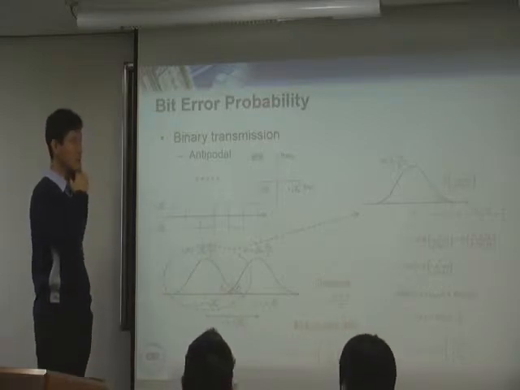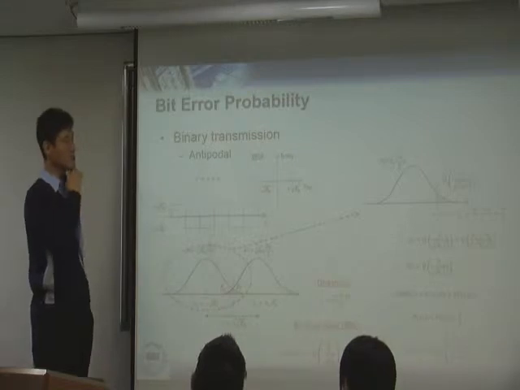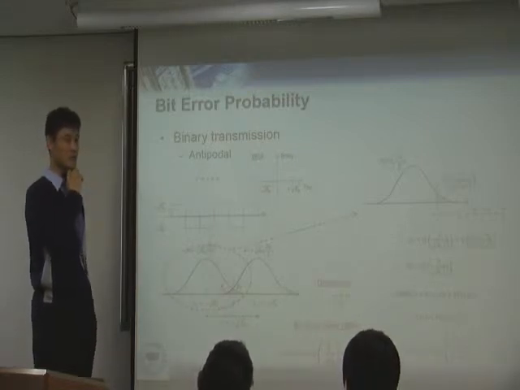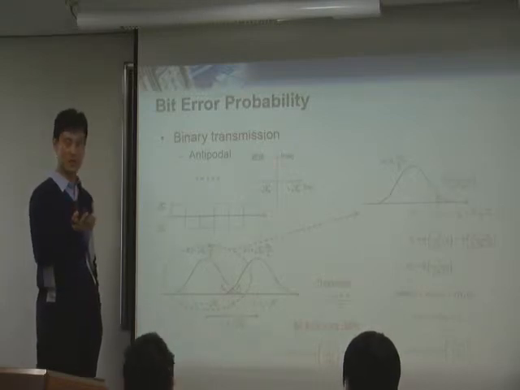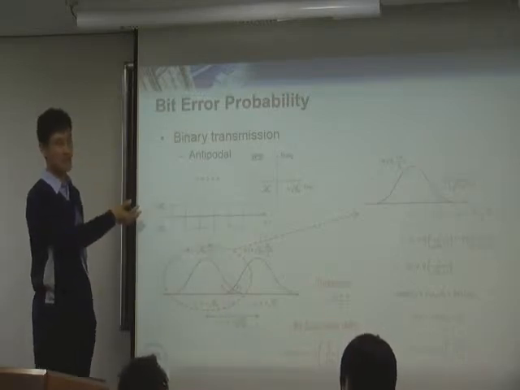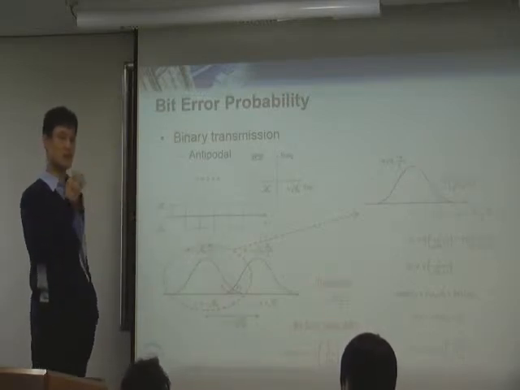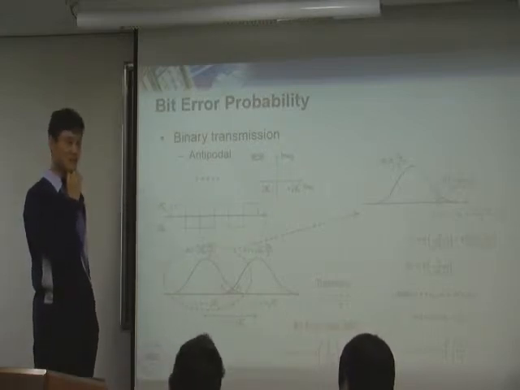Some people say that other people do not believe simulation results. Why? Let's say you develop your own system, you do simulation, and you show a nice simulation result. How do you convince other people that what you designed is actually one of the best?